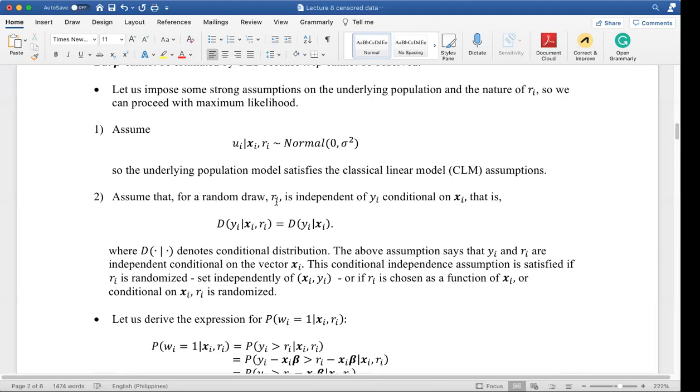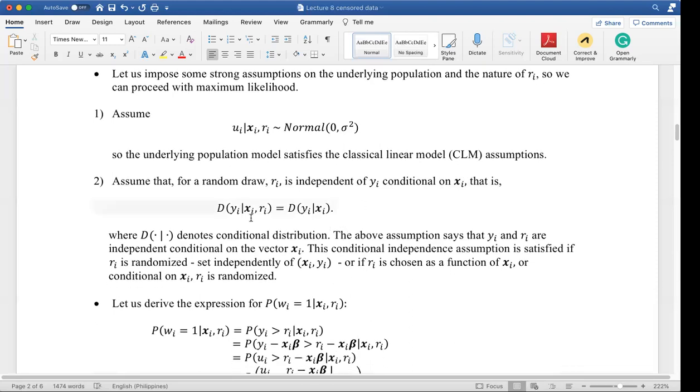This assumption rules this out. Mathematically, we say the conditional distribution of y sub i given x sub i, r sub i is equal to the conditional distribution of y sub i given x sub i. So this says that y sub i and r sub i are independent.